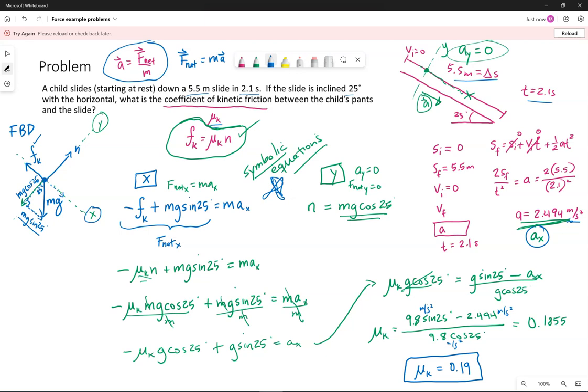Don't rely on final solutions. For example, don't memorize something like this where mu ends up being g sine 25 minus a over g cosine 25. It defeats the purpose, and actually we can't guarantee that that equation is applicable for anything on an incline. So the approach to the problems is always the same, and that's what we want to practice.